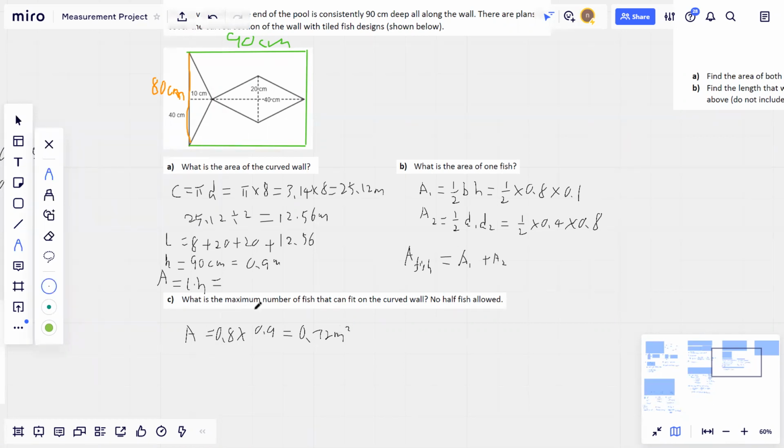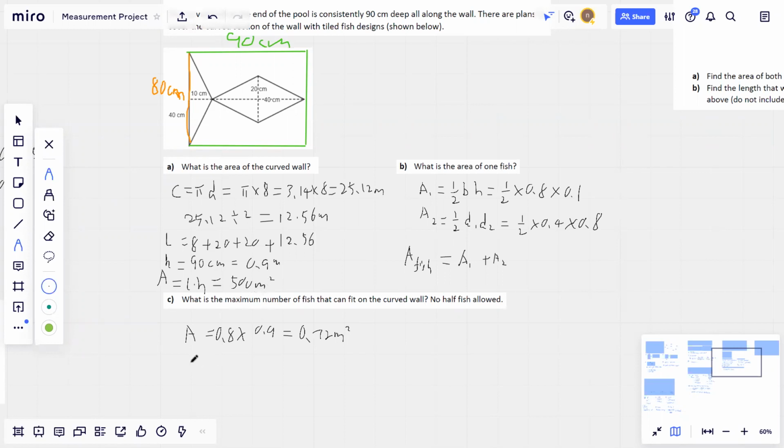So for the maximum number of fish, you use the total area, which is the answer from question A. For example, if it's 500 meters square. For example, that's not true.